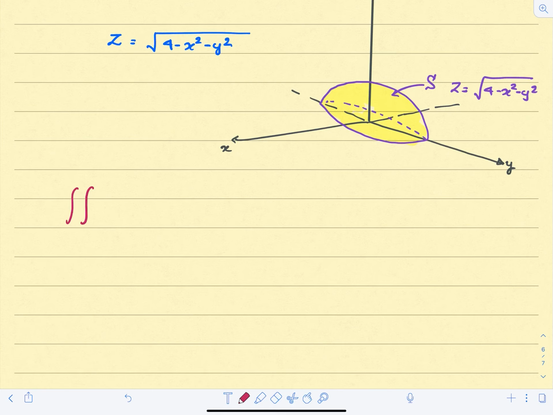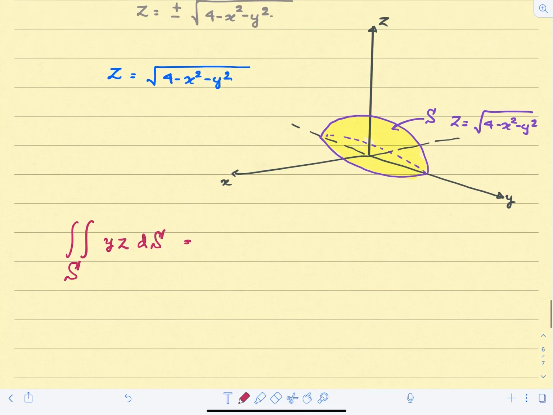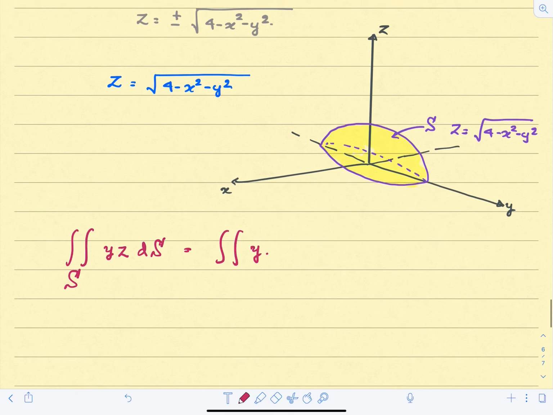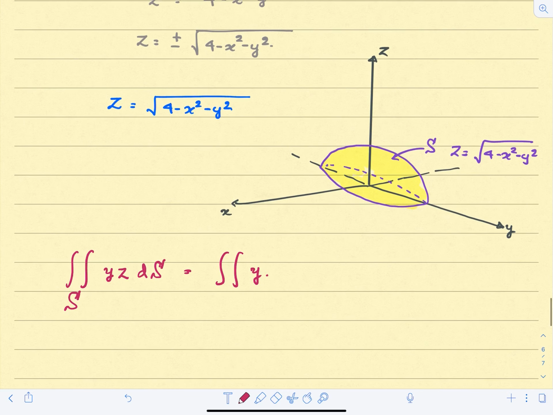So the double integral of y times z over the surface S equals the double integral of y times, now what is z? The z values are given by the z coordinate of the surface, which equals the square root of 4 minus x squared minus y squared.